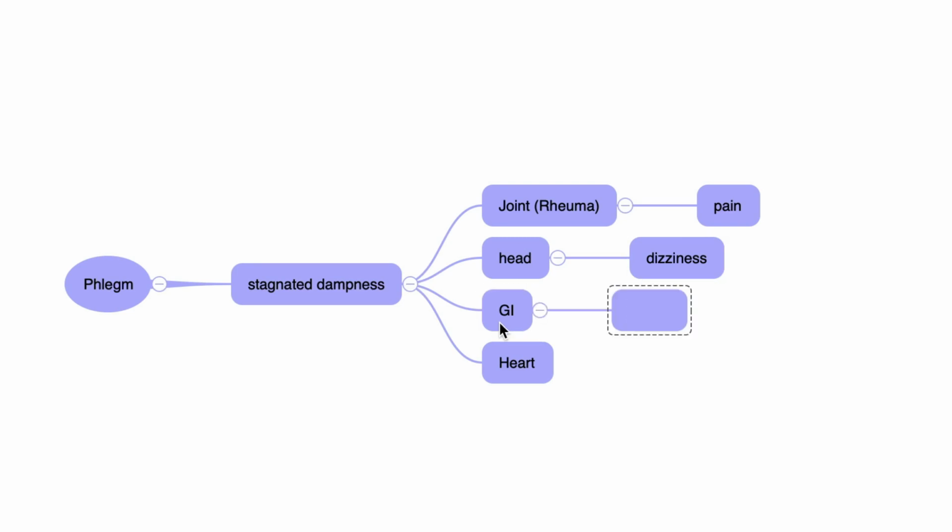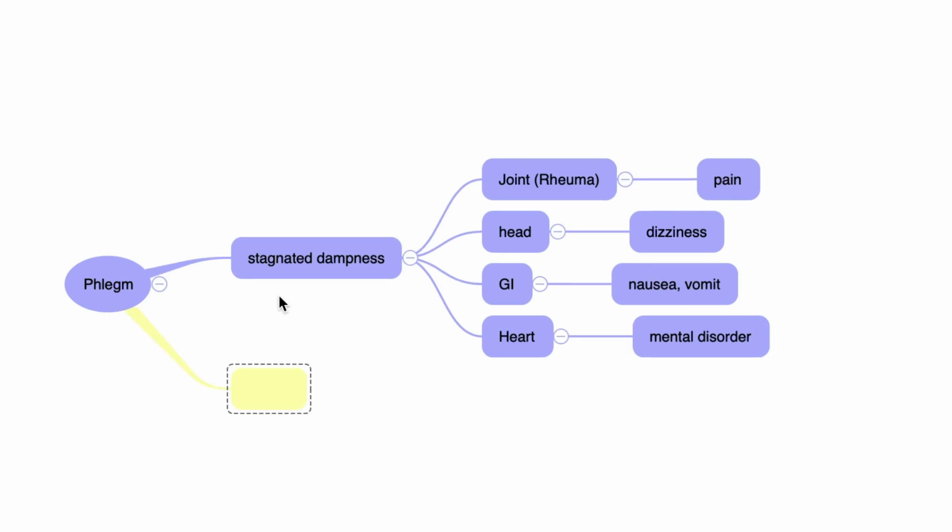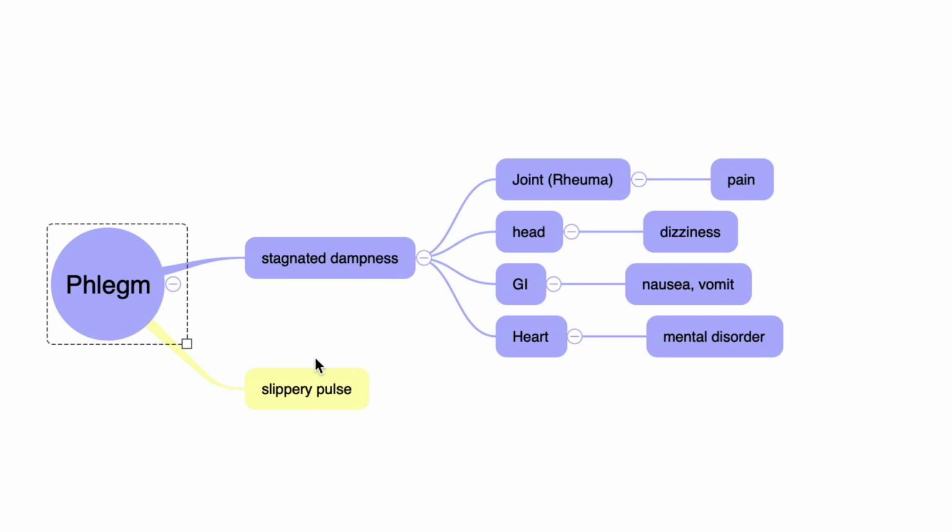GI, nausea, vomiting. And heart, mental problems. Mental disorder. So phlegm can be called the etiology of anything, and phlegm has a slippery pulse. This is a specific sign of phlegm.